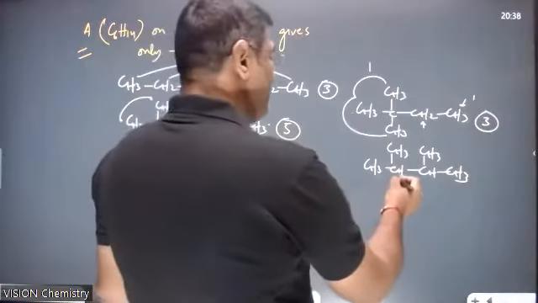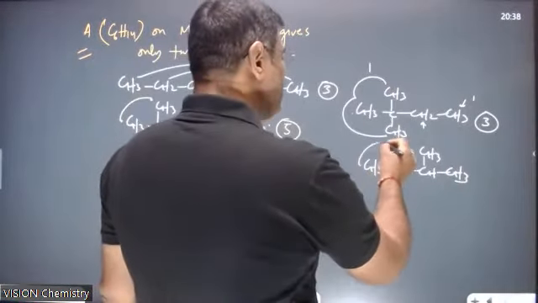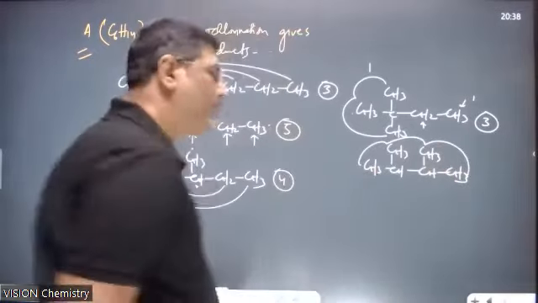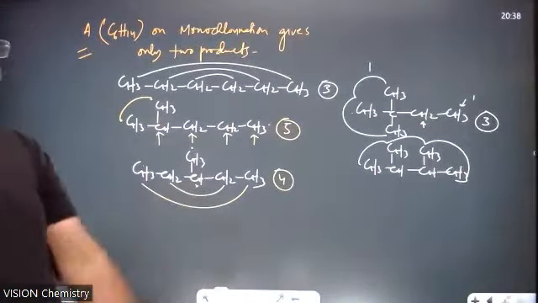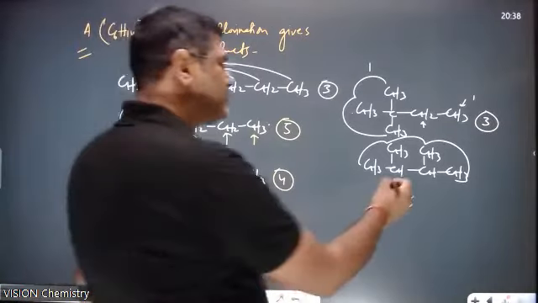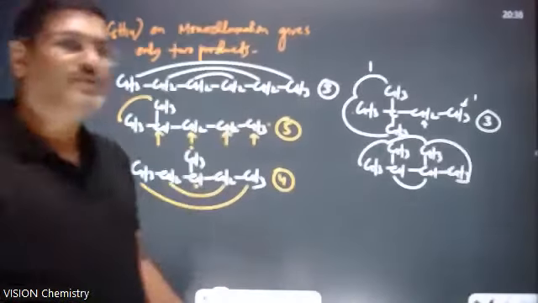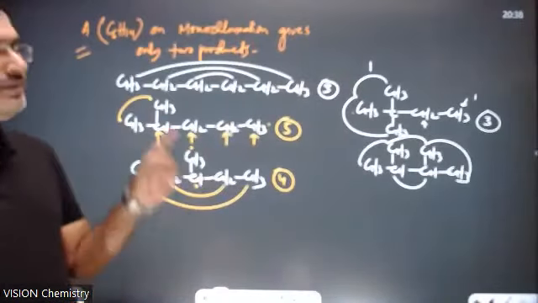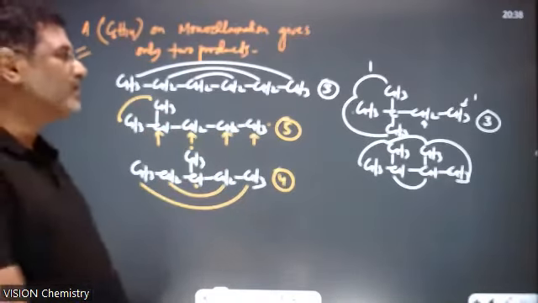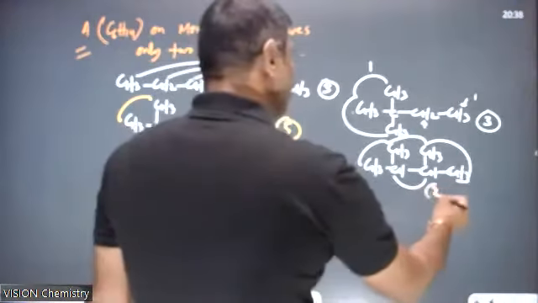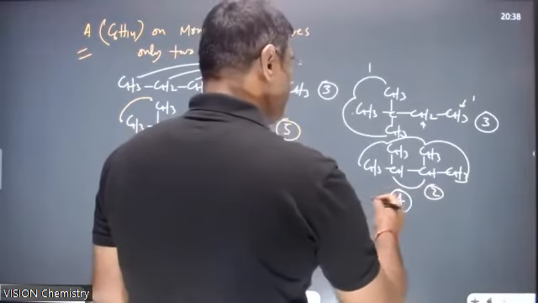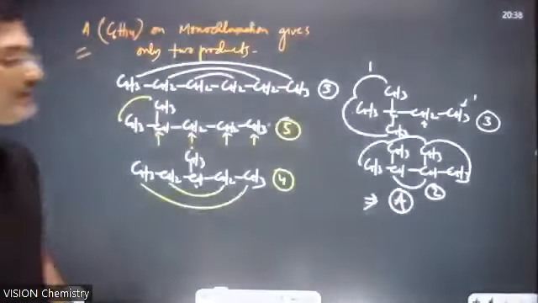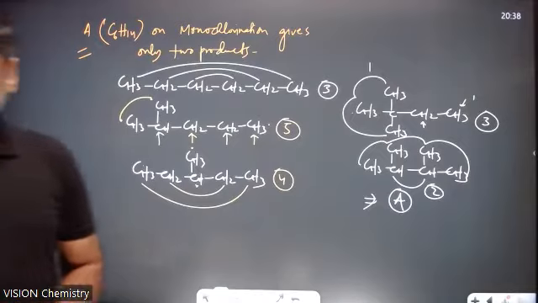So there, all these are equivalent. All these primary hydrogens are equal, one product. And these two tertiary hydrogens are equivalent. Again, one product. Total how many? 2 products. So this one is A. I hope you got it, right?